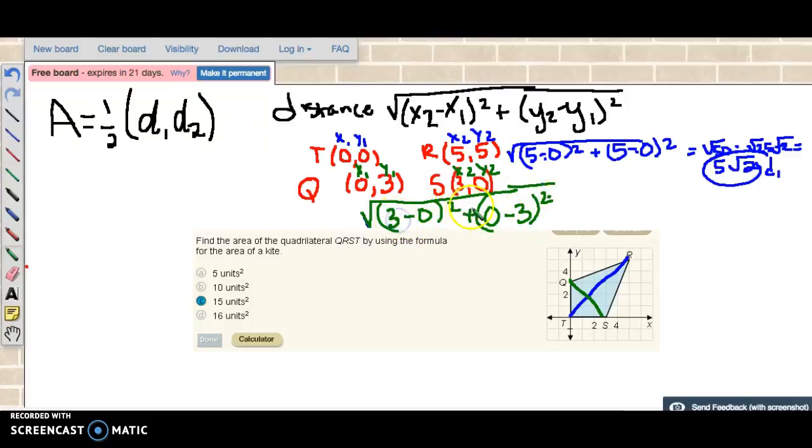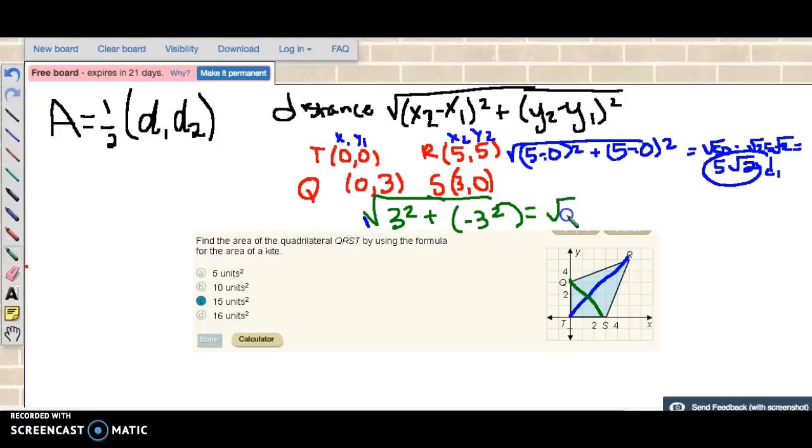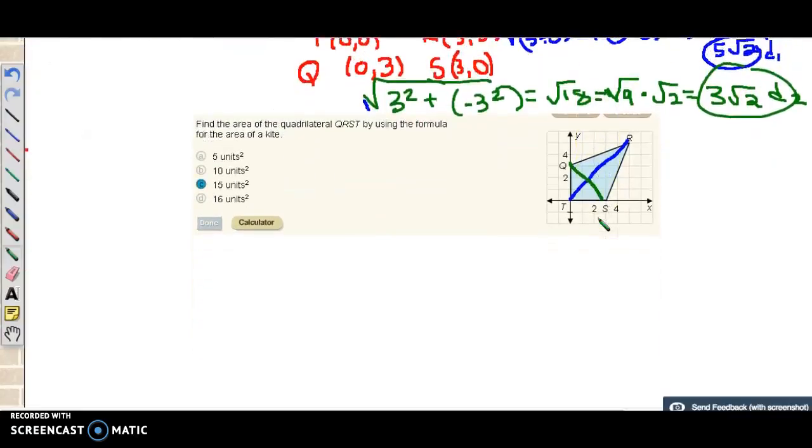So 3 squared, which is 9, plus negative 3 squared, which is 9, so 9 plus 9 equals the square root of 18, which also equals the square root of 9 times the square root of 2. Because we want to simplify as much as possible, we end up with 3 times the square root of 2 for diagonal 2.